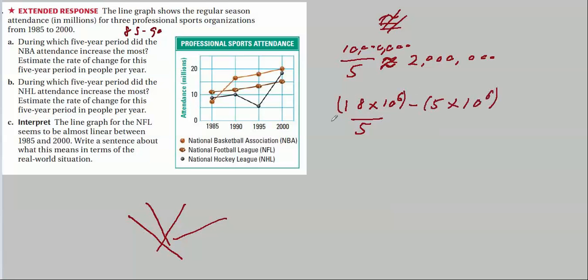There's a name when you do it that way, but it's not our job to know that right now. So this is 18 million, this is 5 million, so we get 13 times 10 to the 6th, that's 13 million over 5.